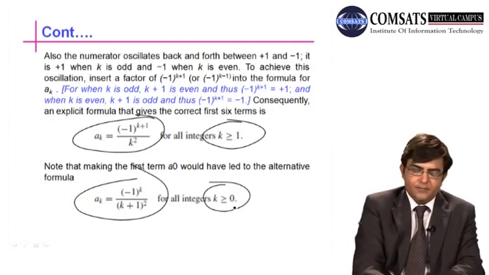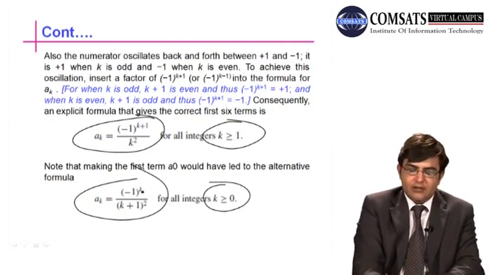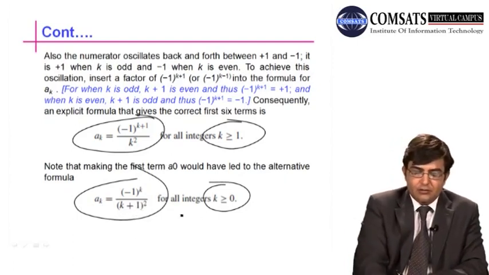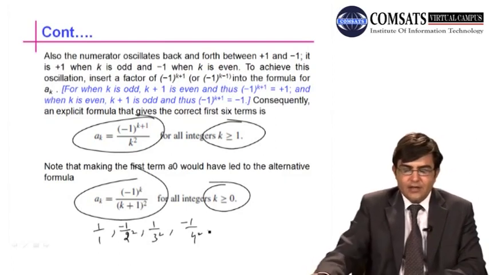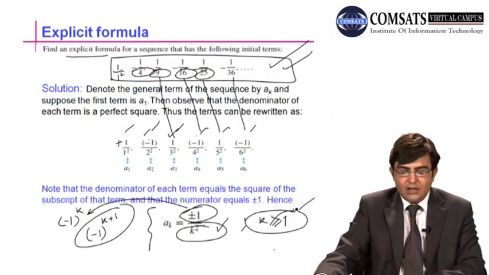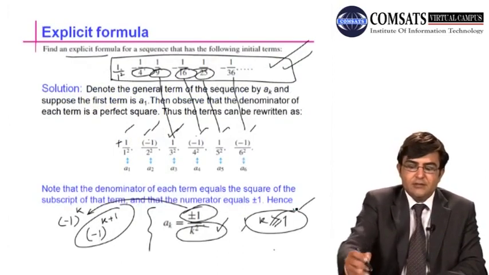If we put 0 here, we get minus 1 power 0 is 1, and we get 1 over 1 square. If we put 1 here, we get minus 1 over 2 square. Similarly, 1 over 3 square, minus 1 over 4 square, and so on. So we get the same terms.